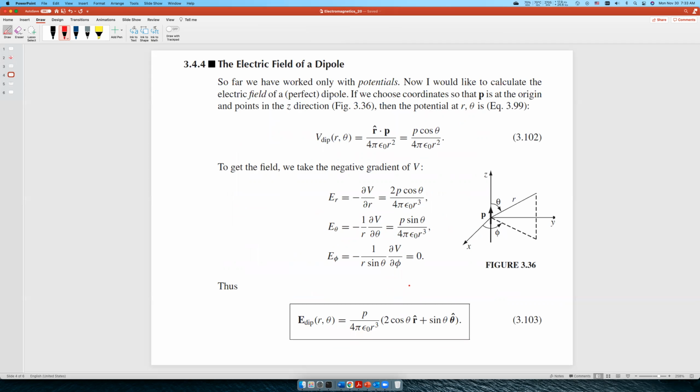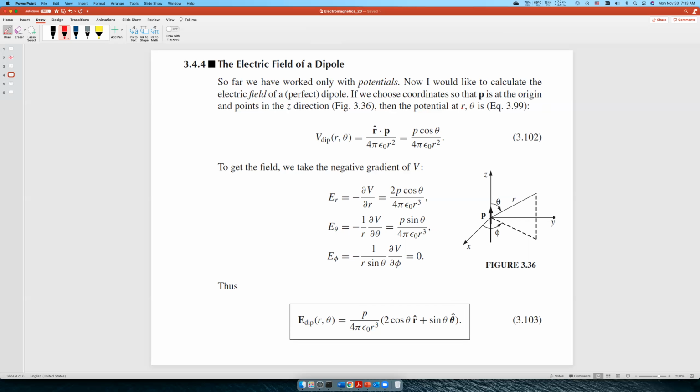So far we have talked about the electric potentials, and now let's consider the electric field. Let's calculate the electric field of a perfect dipole if we choose coordinates so that P is at the origin and points in the z direction, which is shown here.